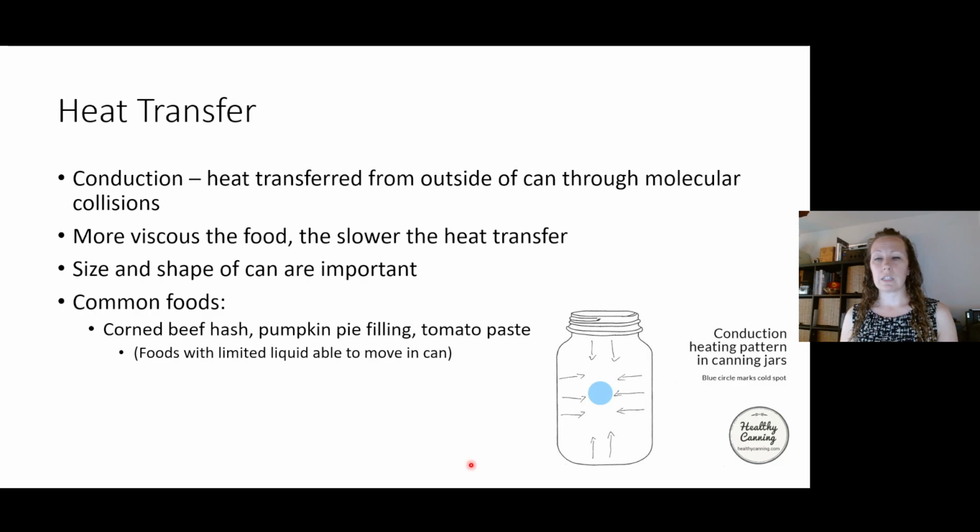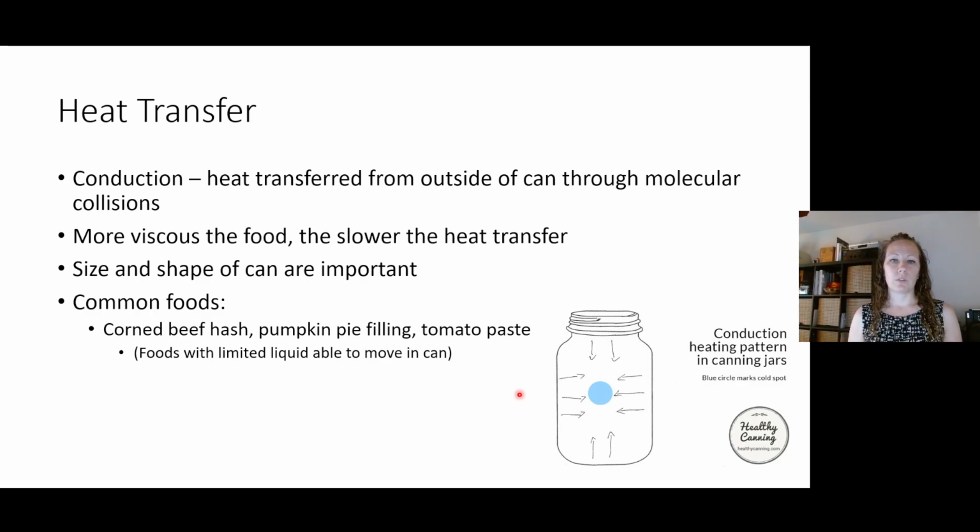The more viscous, the thicker the food, the slower that heat transfer is going to be. And as you can imagine, because it is just purely based on coming through the size of the can, the size and the shape of that can are going to be important.